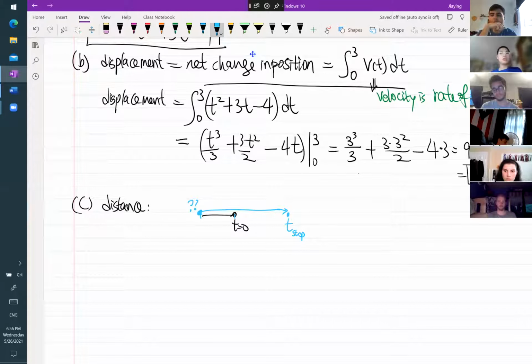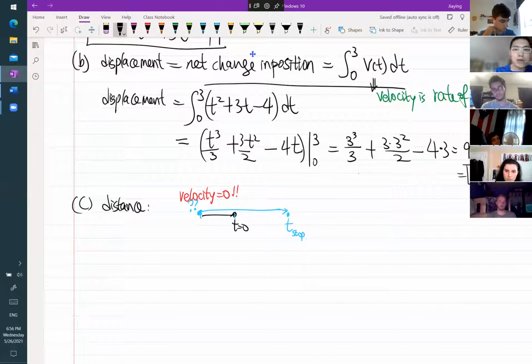One thing to keep in mind is that whenever a particle is going in one direction and then turns around to the other direction, that's where the velocity equals 0. So at this point right here, velocity equals 0. That's the information we're going to use. That will tell us how long it takes to get there and turn to the opposite direction.